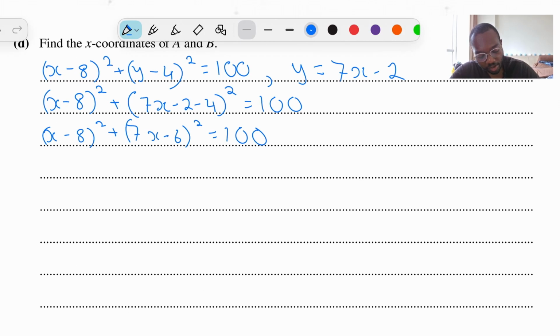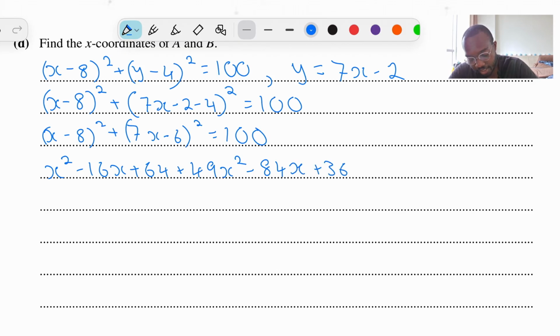If we expand this out, we get x squared minus 16x plus 64, plus 49x squared, then minus 84x, then plus 36, and that is equal to 100.